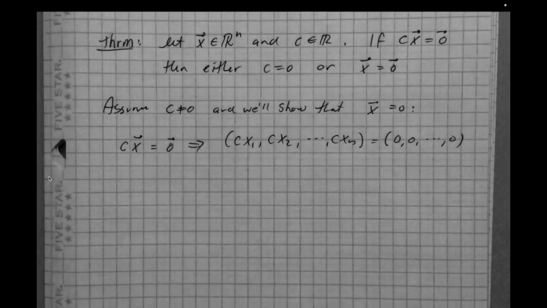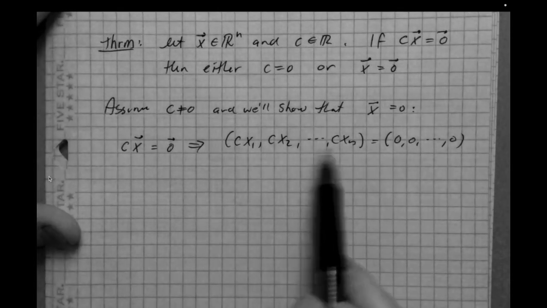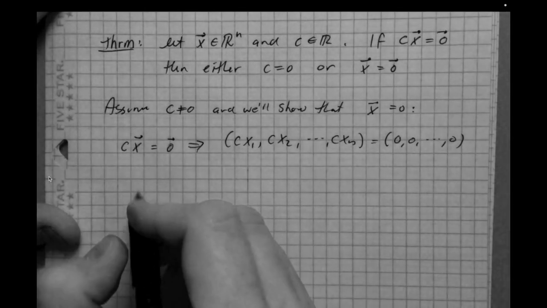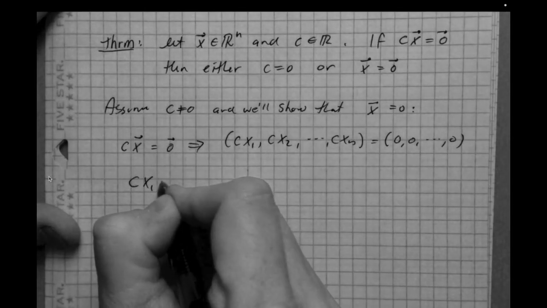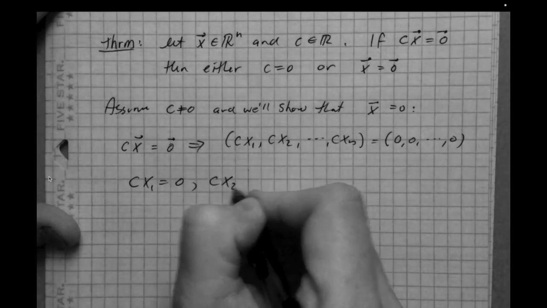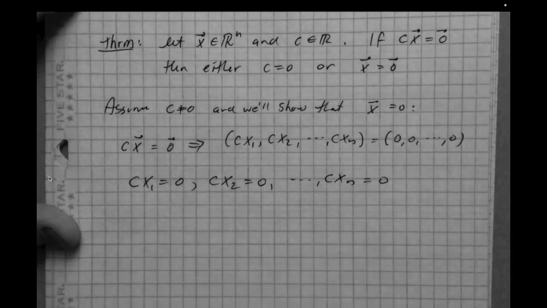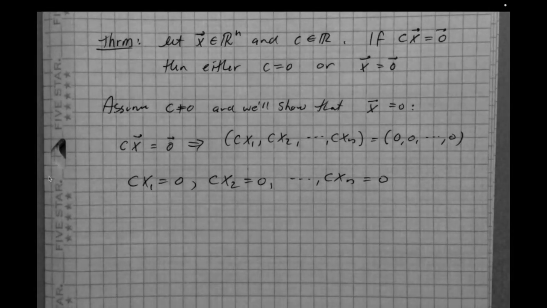And so what follows? Well, if these two vectors are equal, then this component has to equal that component and so forth. So Cx1 equals 0, Cx2 equals 0, ..., Cxn equals 0. So all of the products inside the vector now have to equal 0.